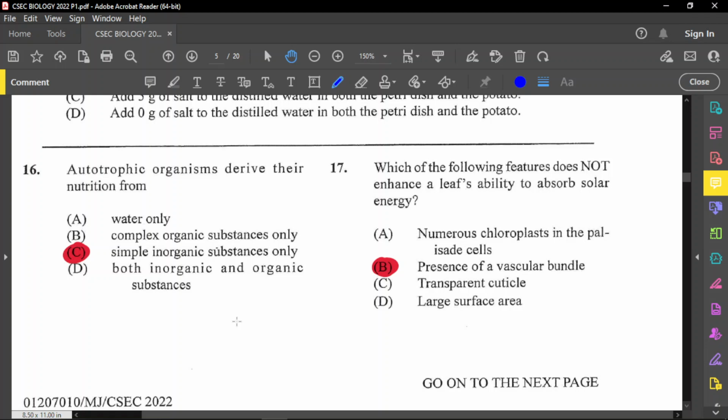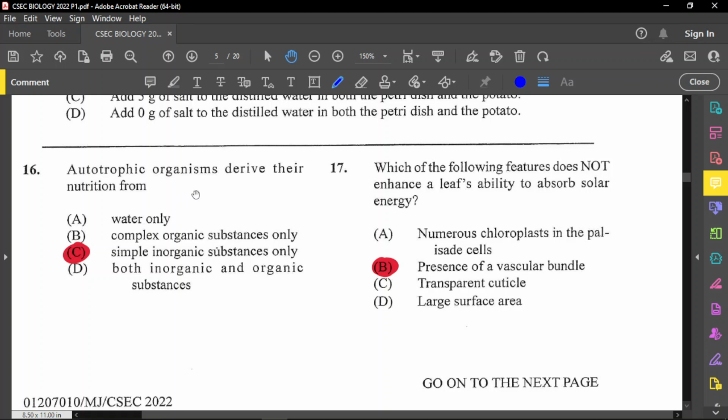Of course, they need sunlight because they are photosynthesizing. And so the simple inorganic substances will be carbon dioxide and water. We also have another group of organisms, just to mention, called chemotrophs. And chemotrophs do not use sunlight, but only take energy from simple inorganic chemicals. That's why the word chemo comes from chemicals, right?